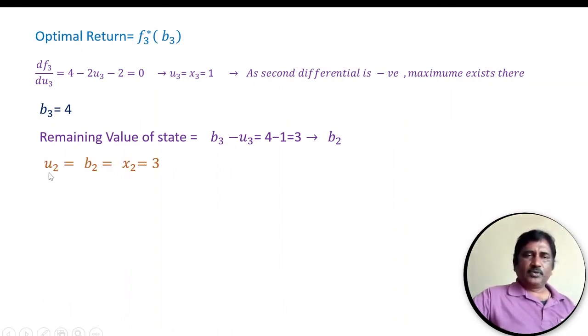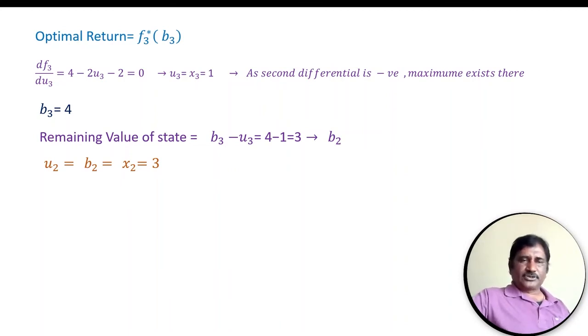Now we know that u2 is equal to b2, right? If you go back to your second stage computation, we know from there that u2 is equal to b2, and u2 is also equal to x2. b2 we know is equal to 3, so therefore x2 is equal to 3, right?